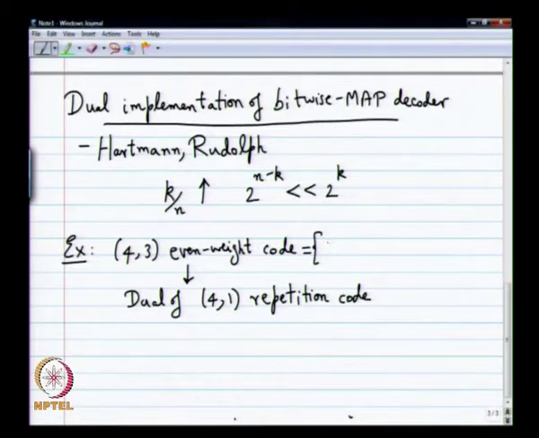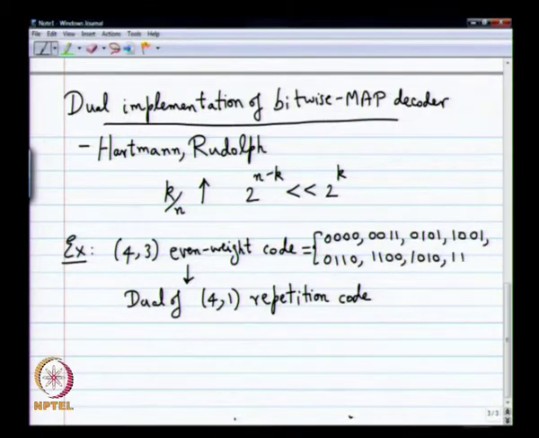There will be 8 of them: 0 0 0 0, 1 1 0 0, 1 0 1 0, 1 0 0 1, 0 1 1 0, 0 1 0 1, 0 0 1 1, and 1 1 1 1. Those are the 8 code words of this code.